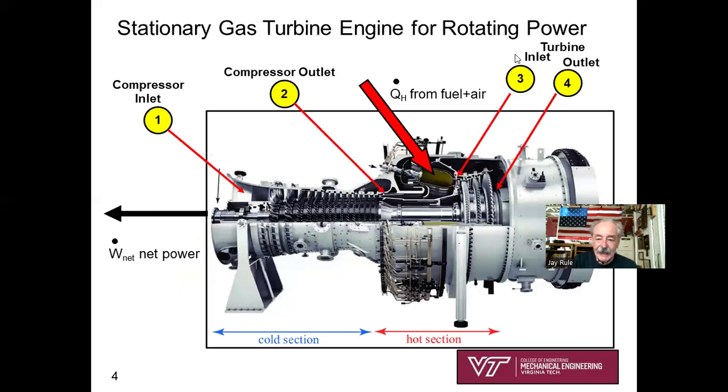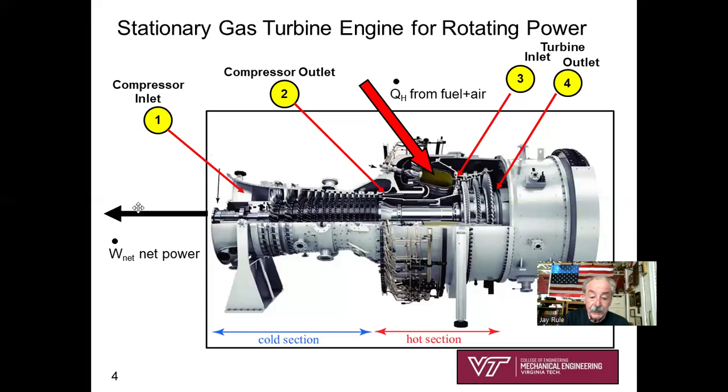And so this is a classic image of a stationary gas turbine that's used to either drive a generator or drive some other piece of equipment that may be maybe a natural gas compressor or some rotating piece of equipment. And so you can see with your eyes, let's see, what have we got? We've got the inlet to the compressor coming in.